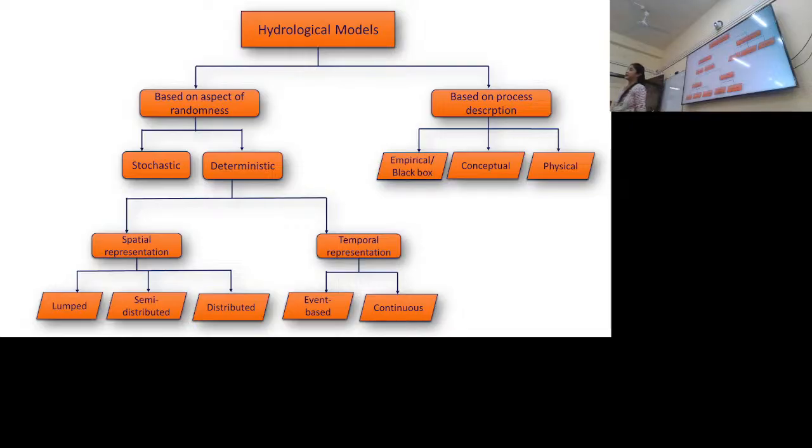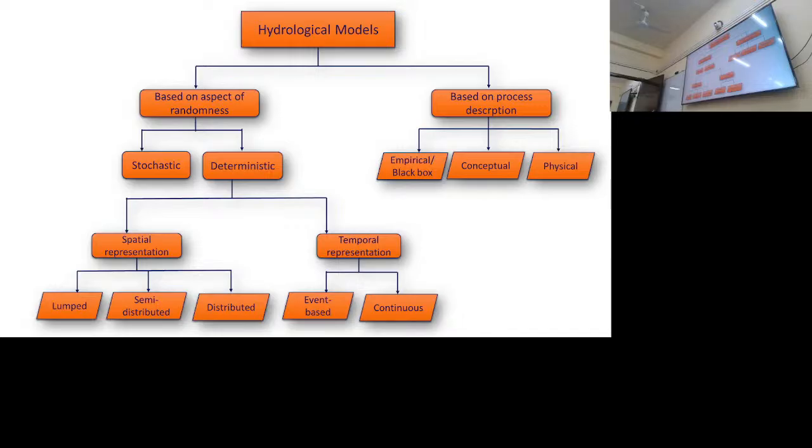What do you mean by a deterministic model and a stochastic model? It is based on the aspect of randomness. In a deterministic model there is no randomness involved, and if it is stochastic, then there will be some probability.